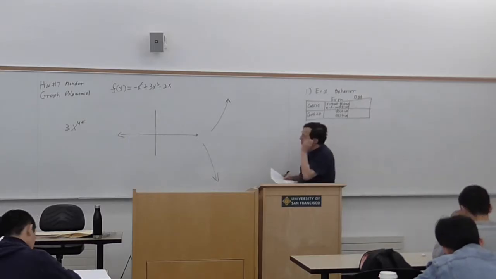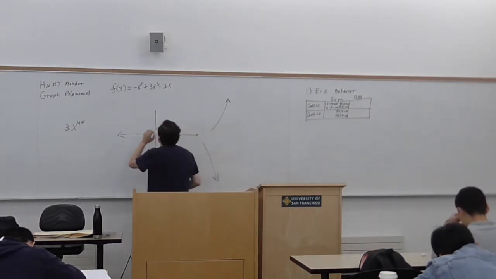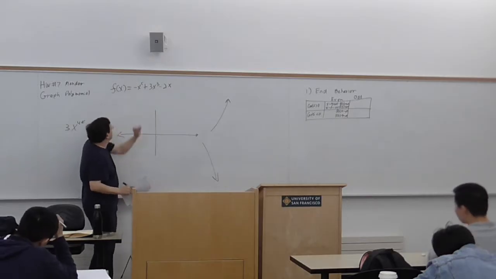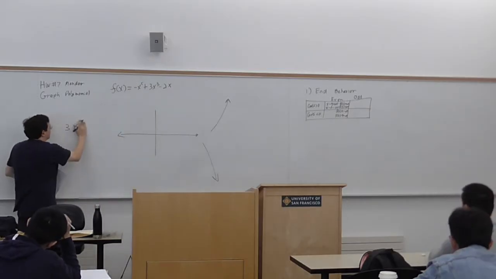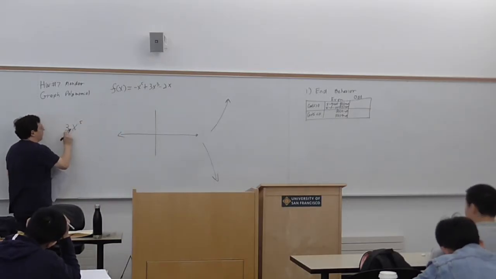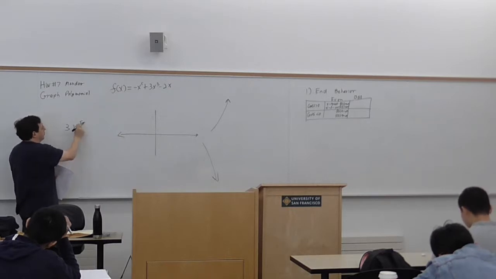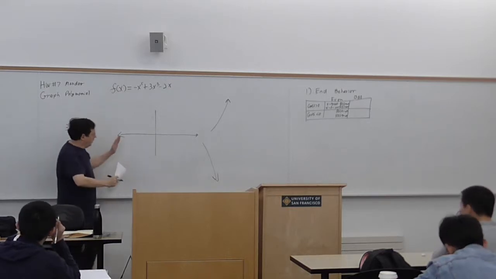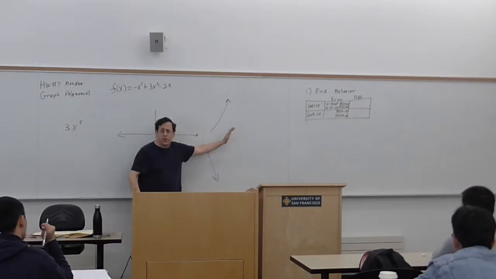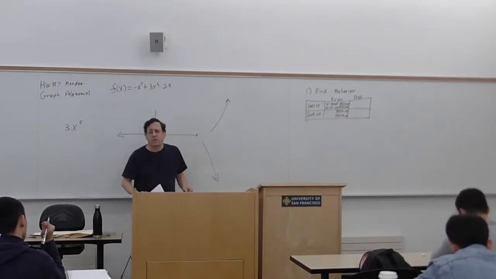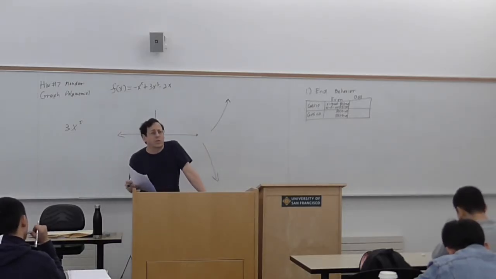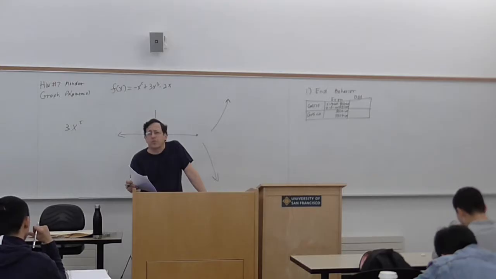How about when the exponent is odd, like in this case? Okay. So again, if the coefficient is positive, this is odd. As we go out in the x direction, what happens? What happens to the value of the polynomial?